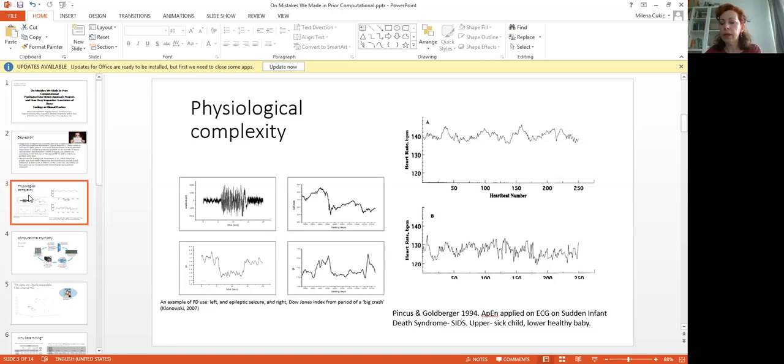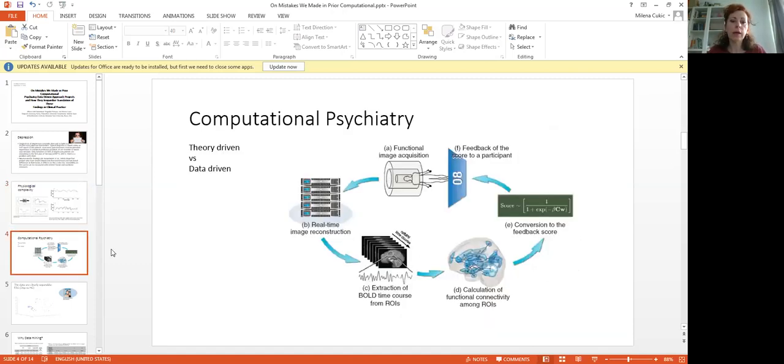On the right-hand side, you can see the difference between a sick and a healthy child when entropy is calculated from their signal. So computational psychiatry is a successful marriage between computational neuroscience and psychiatry.